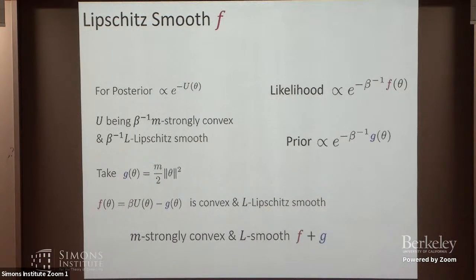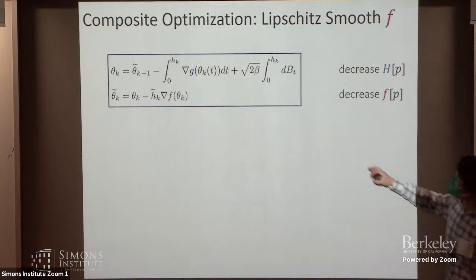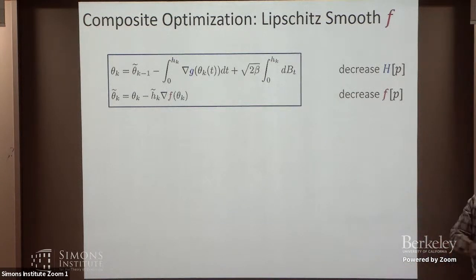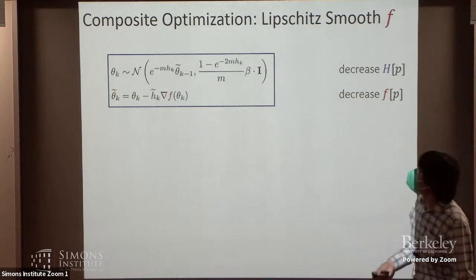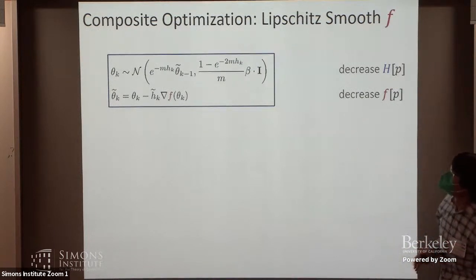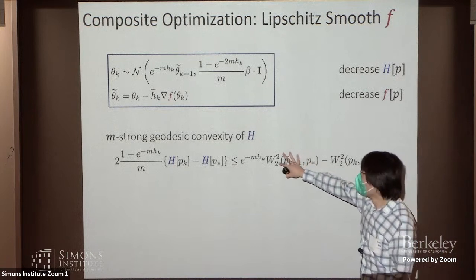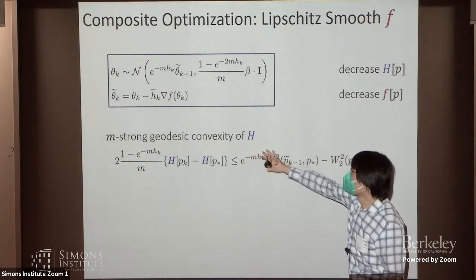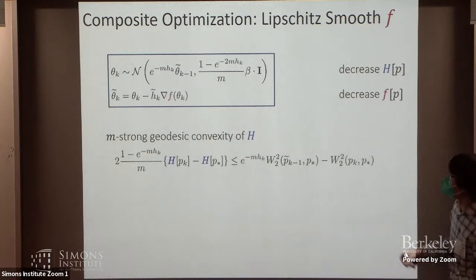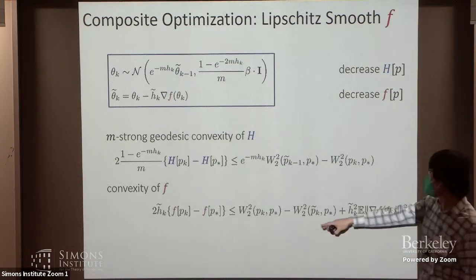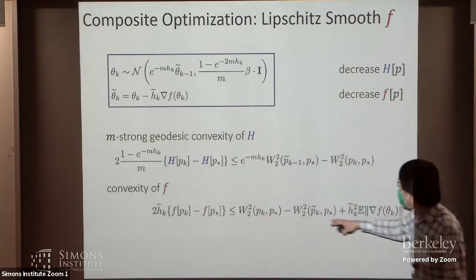So in this case, this first line of update rule can be further simplified to be explicit, like the following. It's just this normal distribution. And in this case, we have exactly the same thing for going from strong geodesic convexity of this regularized entropy, and then we also have from convexity of F this expression.